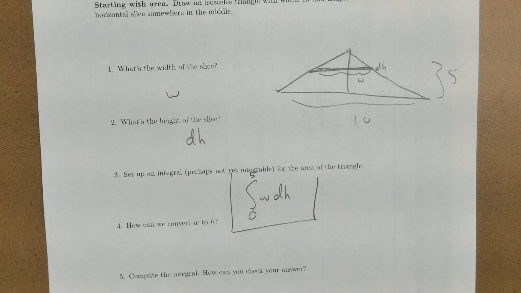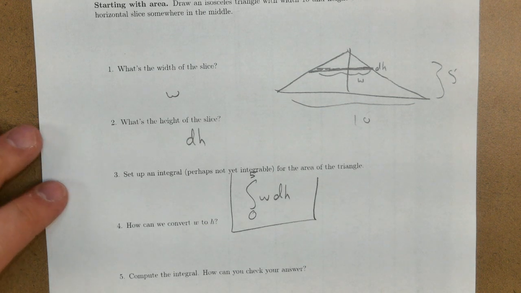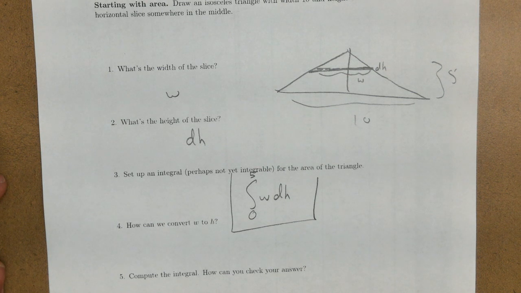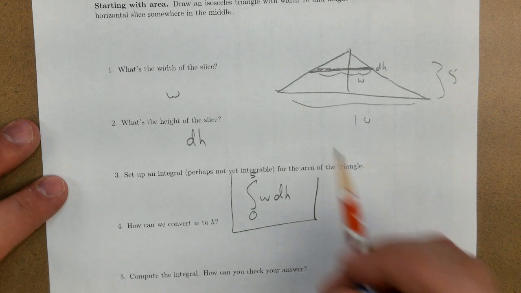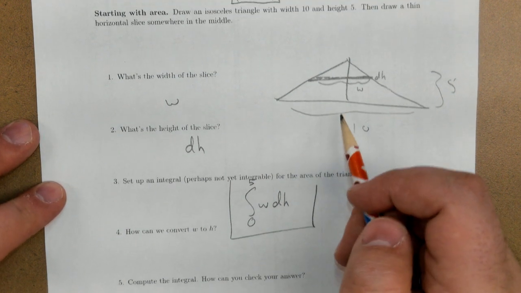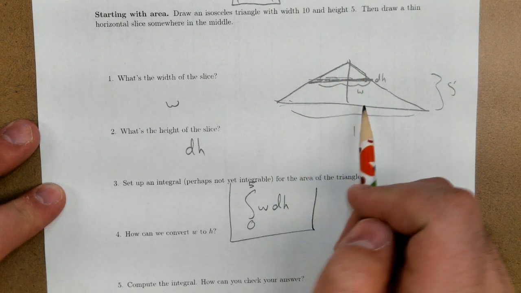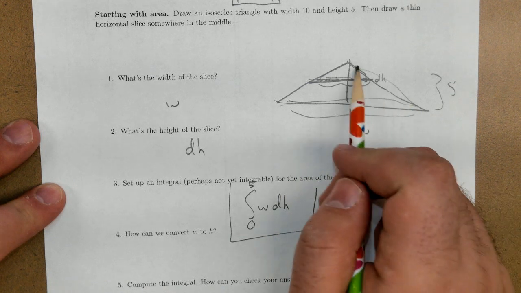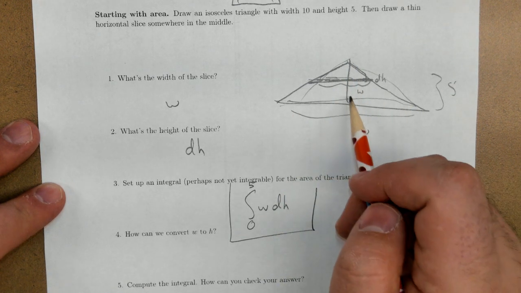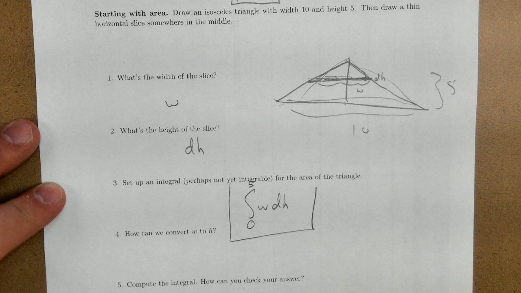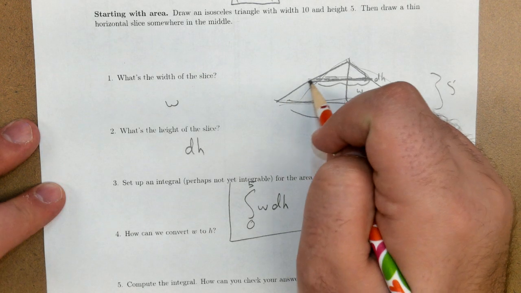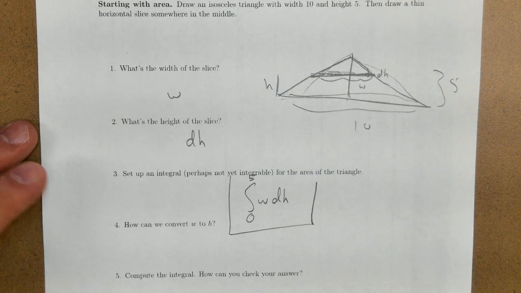Okay, how do I convert W to H? Well, I don't have an equation or a nice xy graph, but I do have similar triangles. If you look at this big triangle, this little one is similar to the big one. Or if you do the right triangles, you can see that as well. So think of H, so you have dH, but H is the height at which you get that dH.